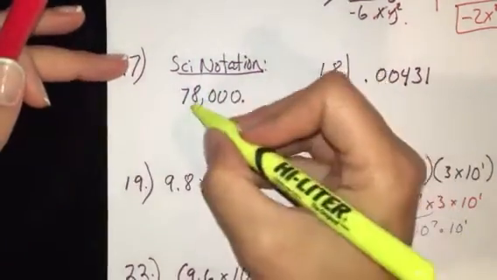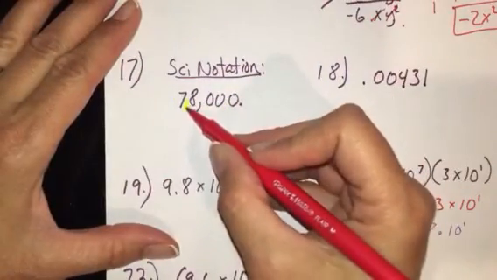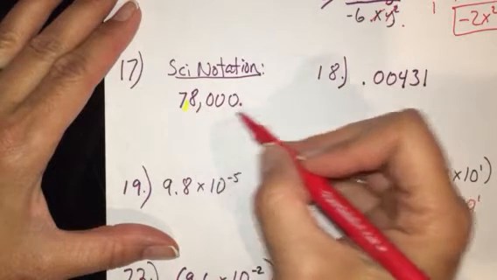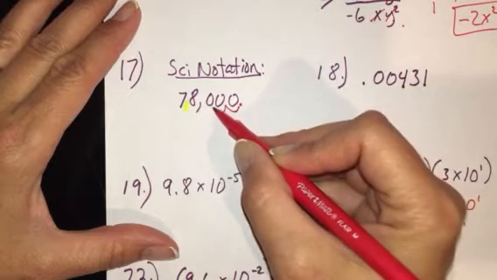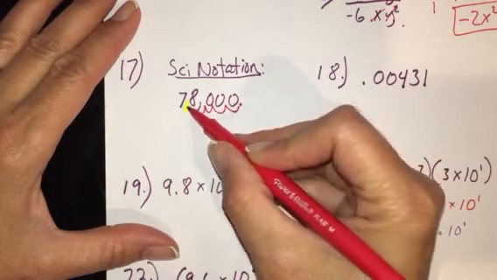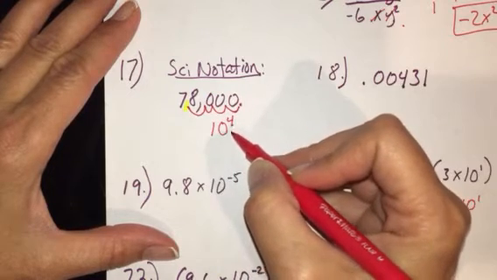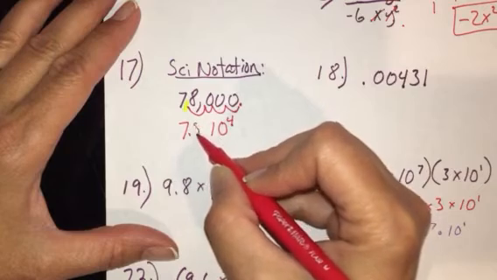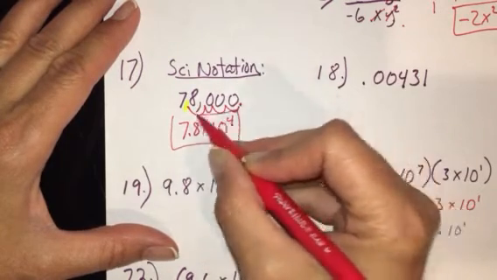So where it needs to be is in that range, because we can only have a ones place number ahead of our decimal. So we're going to move the decimal over 1, 2, 3, 4 spaces. So it's like 10 to the 4, because this 10 to the 4 has 4 zeros. And we're going to say 7.8 times 10 to the 4 is our scientific notation.